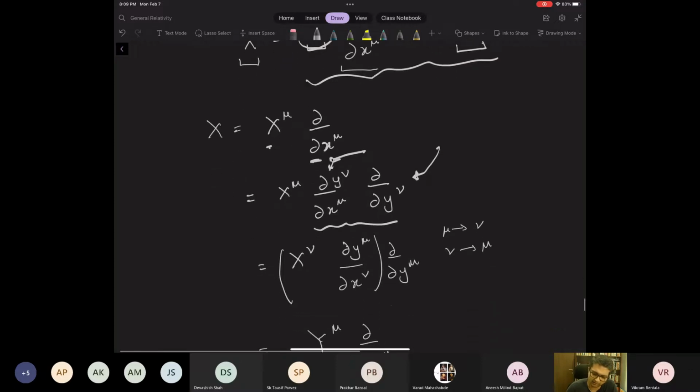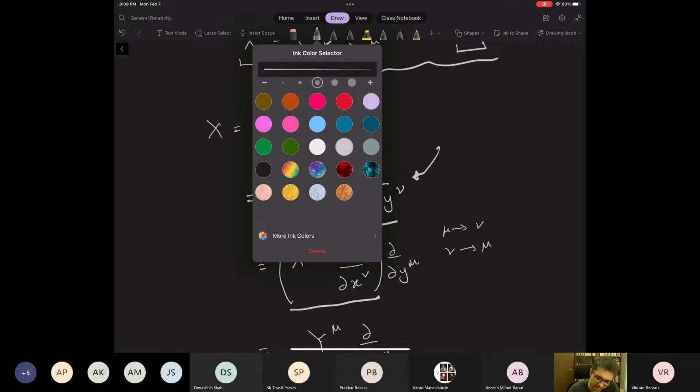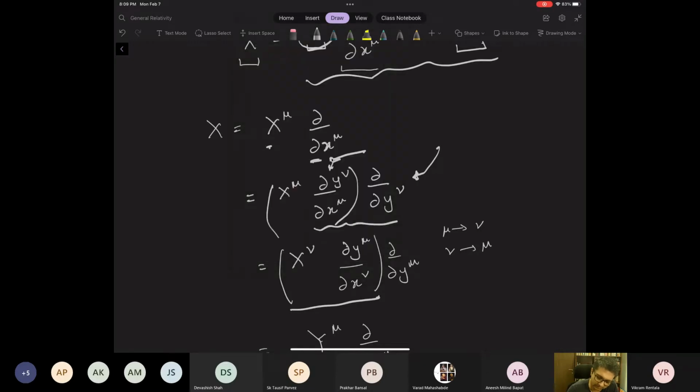Now we can imagine grouping these terms together into something like this. So x nu, sorry, I'm fiddling with the indices a little bit. In this step, I'm changing my mu in this. So mu is summed over and nu is also summed over. So I'm changing mu to nu and nu to mu. So I have x nu partial y mu partial x nu partial y mu.